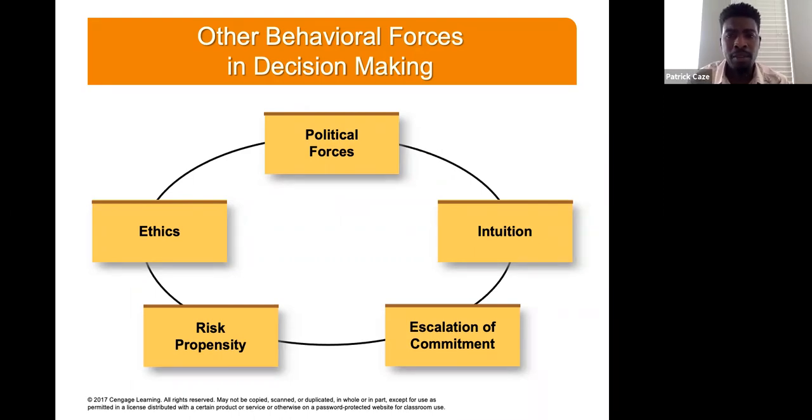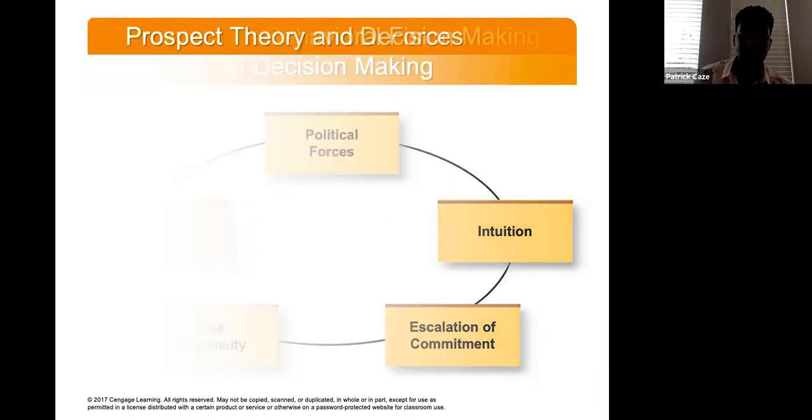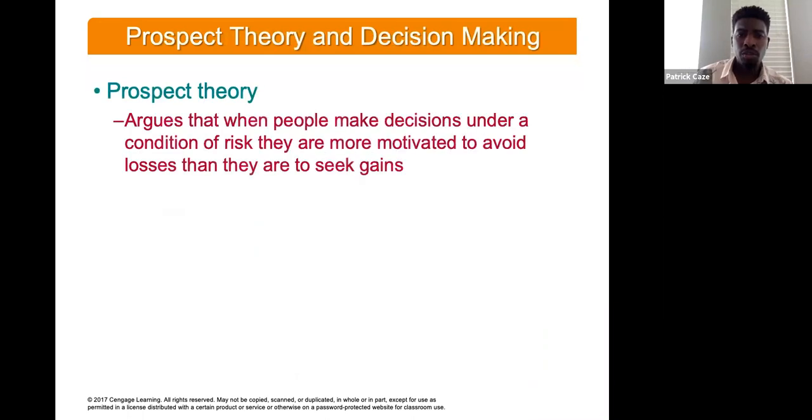And specifically our behavioral forces in decision making: political forces, ethics, risk propensity, intuition, escalation and commitment, social norms, family. There's a bunch of stuff that plays a role in decision making that is external to the organization, but they still have an influence on how you make your decisions, right?